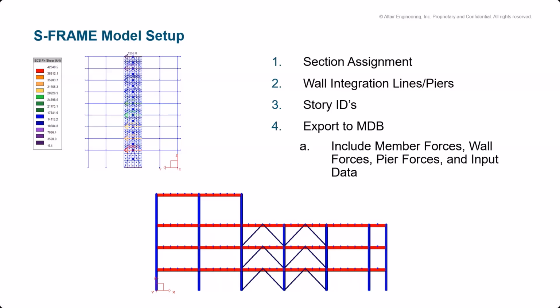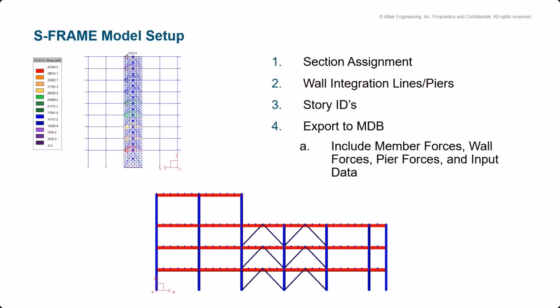After this, once we have set up our model the way we want, we need to export all of this data to a compatible format, an MDB, or Microsoft database. In this Microsoft database file, we need to include all of the member forces, the wall forces, the pier forces, and all of the input data.